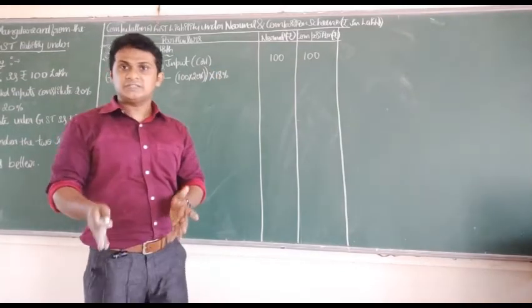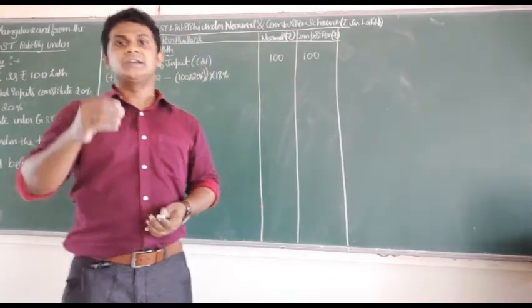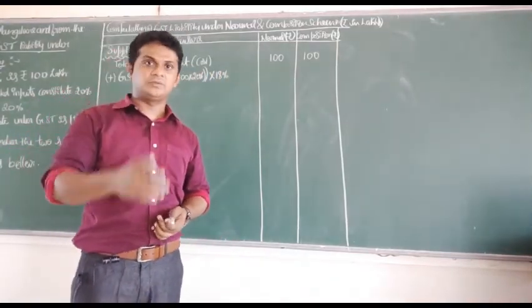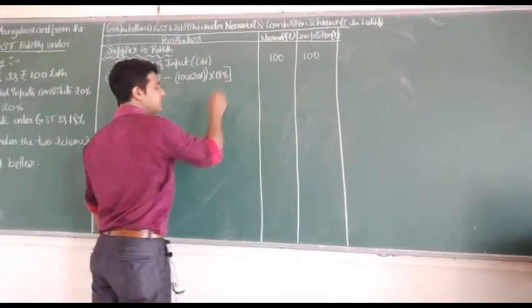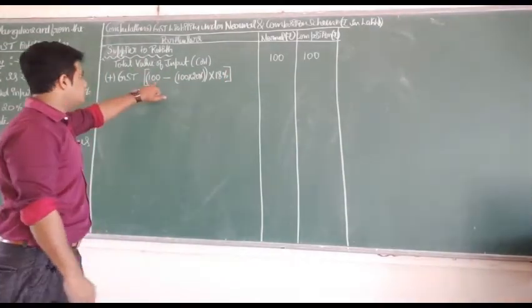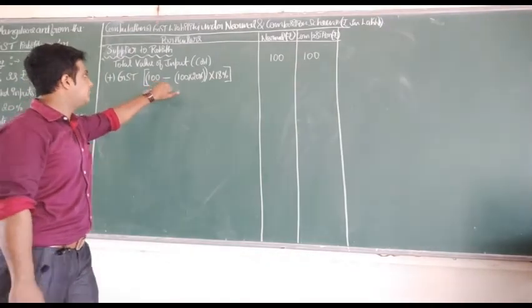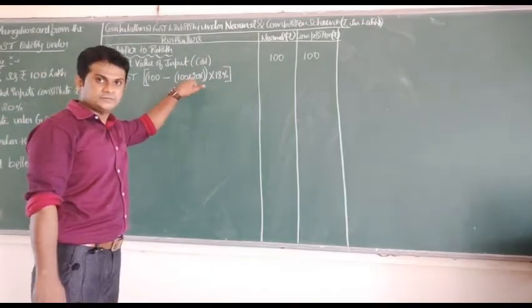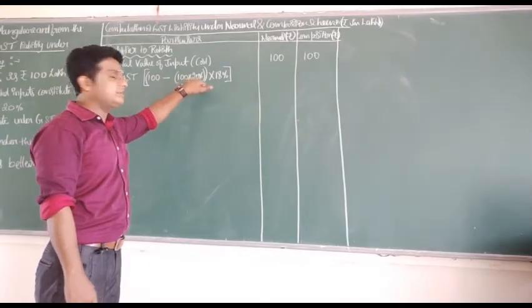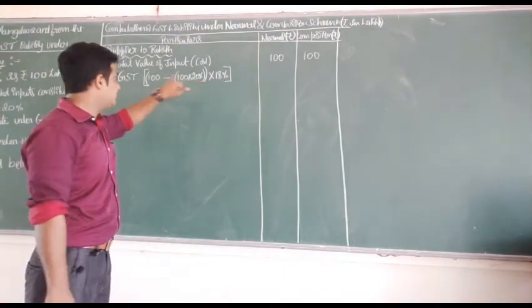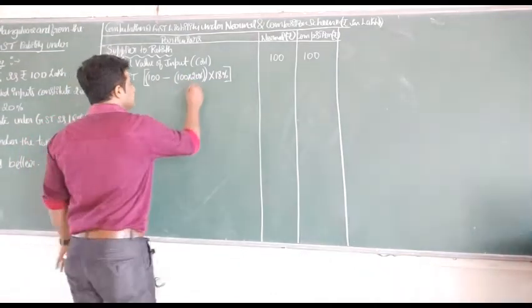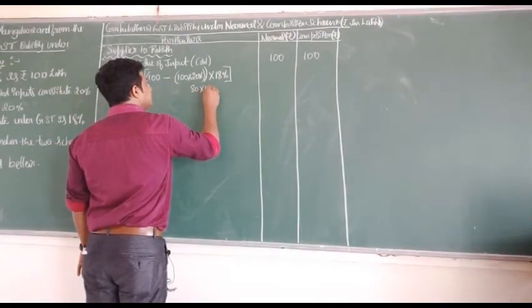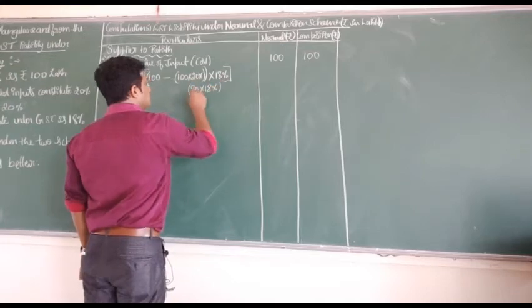We are assuming, because of the lack of information, that the supplier is following the normal scheme and hence 18% GST will be charged by him. So now calculate 100 minus 100 into 20%. First you have to do this calculation. 100 into 20% is equal to 20. 100 minus 20 is equal to 80. So 80 into 18%, this you have to do.